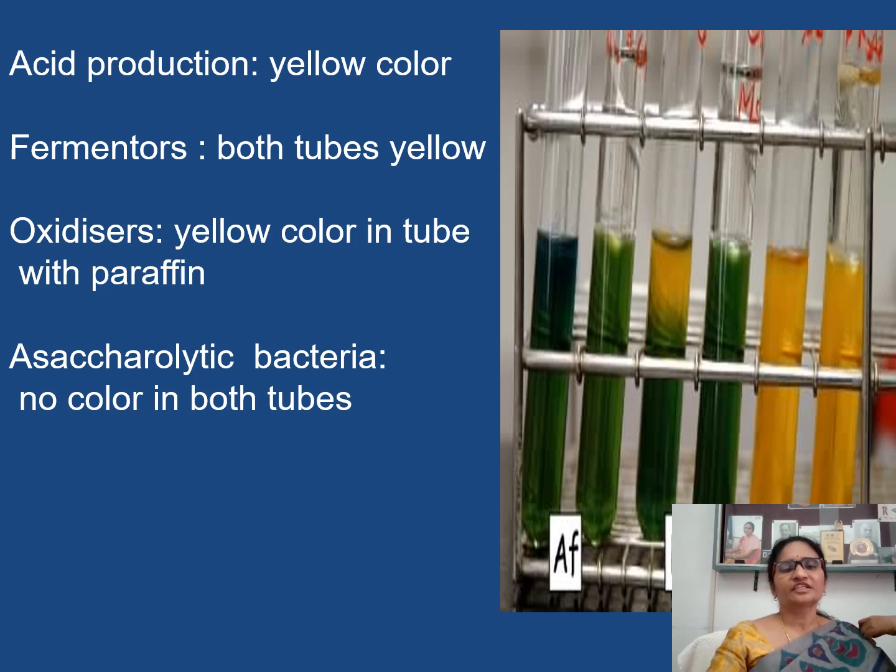If it is fermentation, that is anaerobic, with paraffin you can see yellow color. If both test tubes, with and without paraffin, are yellow, that means it is a facultative anaerobe, fermentative. And if there is no color change, it is not a fermenter.